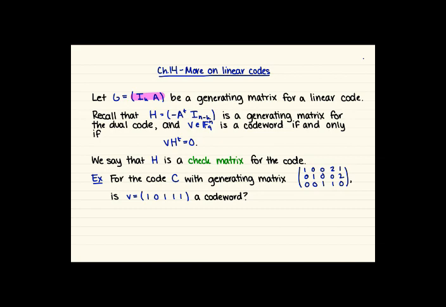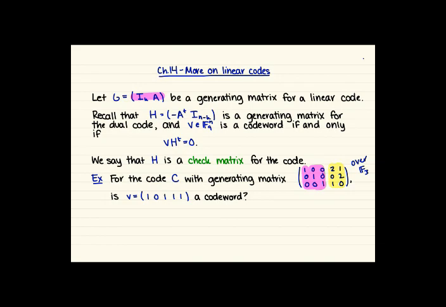For an example of how we use this, for the code C with that generating matrix there, let's say this is over F3, and we want to check if V equals 1, 0, 1, 1, 1 is a code word. We do this by building our check matrix and using that. Our generating matrix has the special form we're looking for: the identity matrix, and then A is just the rest of the matrix.